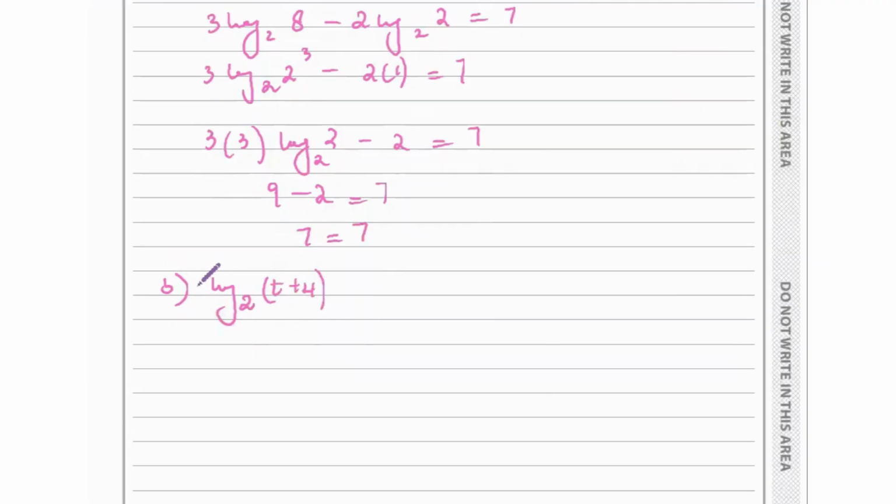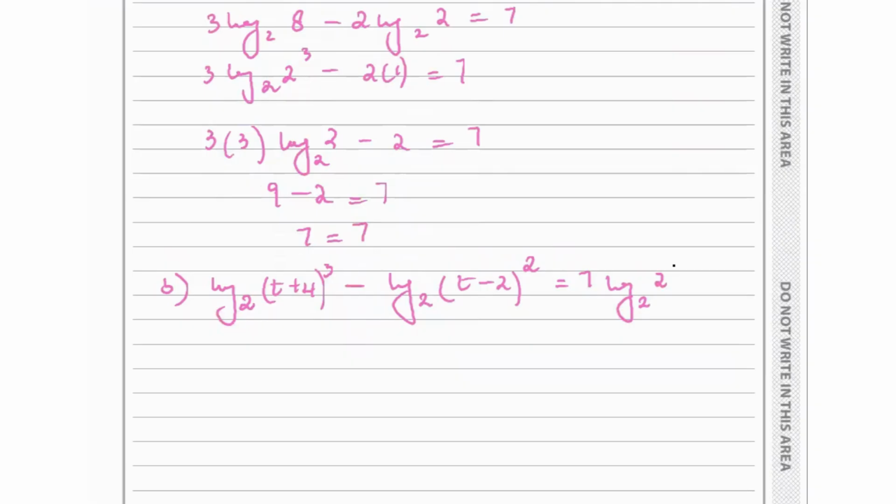Now I'm bringing the coefficient up into the power over here. And over here, again, I brought the coefficient up into the power. So again, log base 2 of t minus 2, and I brought the coefficient up into the power again, equals 7. And I'm going to attach a log to 7, which is going to be log 2 to the base of 2.